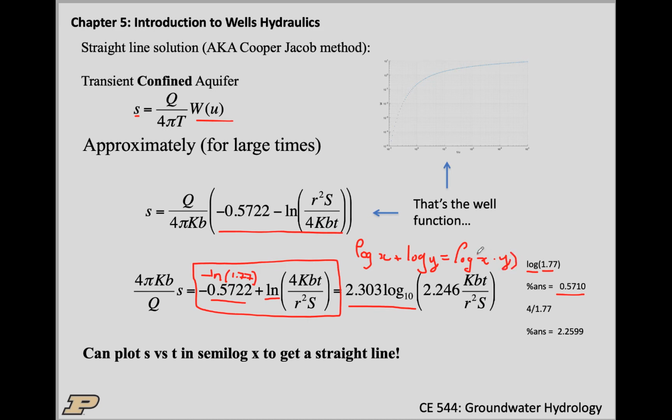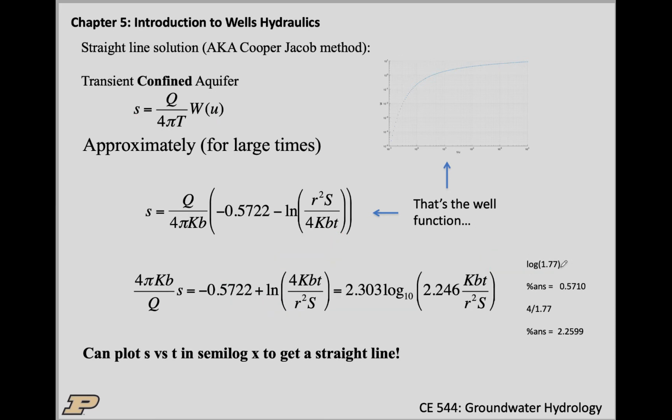And then if this is a minus here, then this is a divide. Those are just the log laws. So now we can replace this by, again, minus ln 1.77, which means we can throw this number here on the bottom. It's a minus, so we can divide here, so it's the same as log of this divided by 1.77.